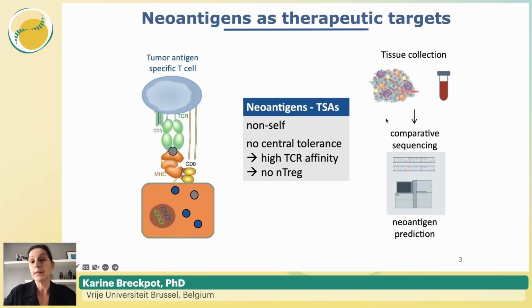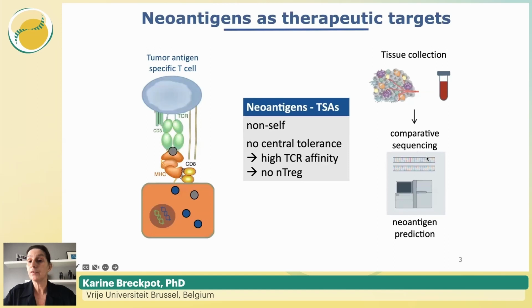What you need for that is to collect tissue, tumor tissue, and healthy tissue, for instance, peripheral blood cells. After isolating the nucleic acids out of these tissues, you can then perform next generation sequencing and compare, on the basis of the genome and the transcriptome, what actually are the differences between the nucleic acids found in these tumor biopsies versus the nucleic acids found in these peripheral blood cells.